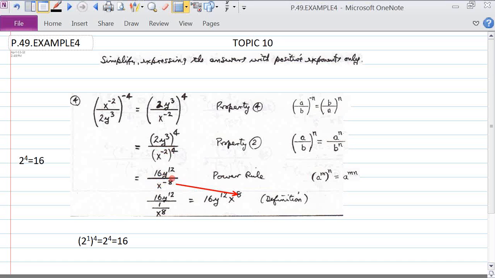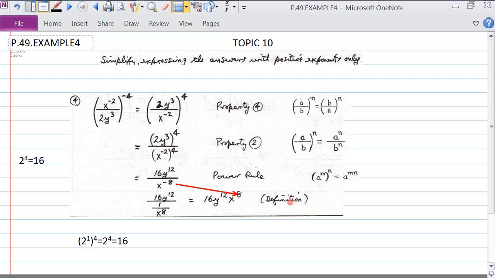Now I think it's better we just go directly here, move the x to the minus 8 from the denominator up to the numerator. This is on the denominator, this is on the numerator. Just forget about this step. We'll go over it a little later on. Okay, but the best way, the easiest way is just move the x to the minus 8 to the numerator.